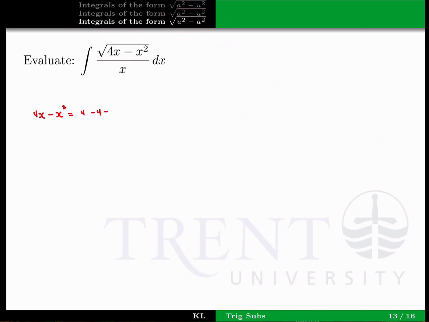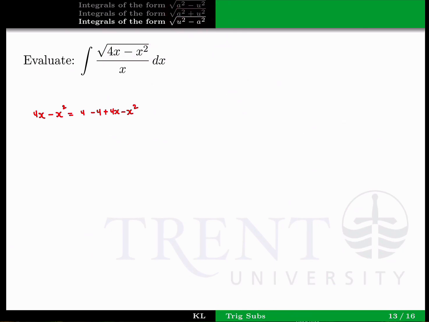And then we have here plus 4x minus x squared. So basically, I just rewrote 4x minus x squared into 4 minus 4 plus 4x minus x squared. So they are equal because 4 minus 4 will cancel.